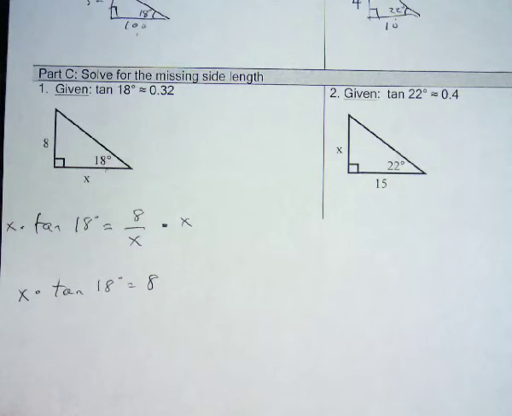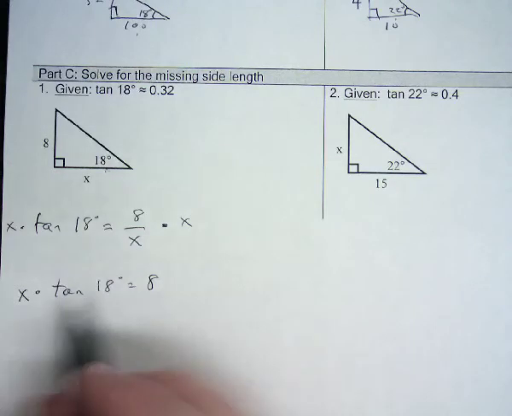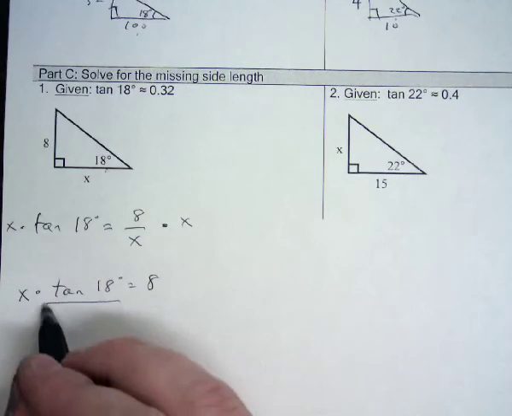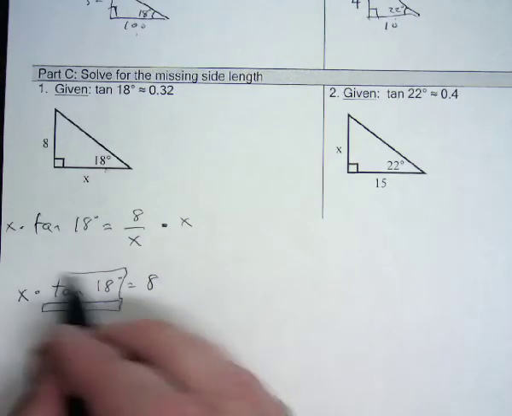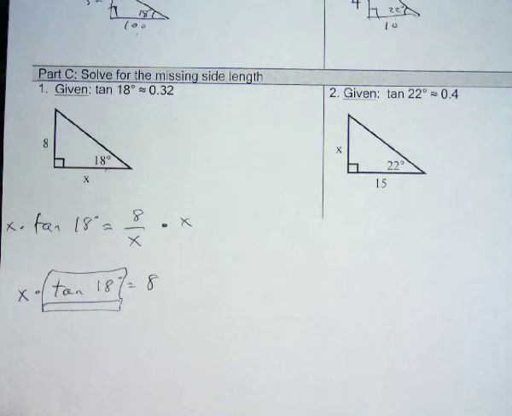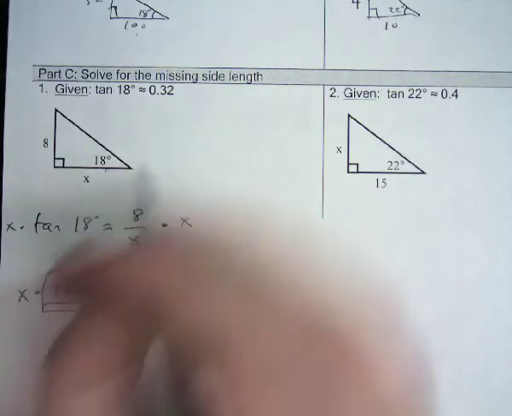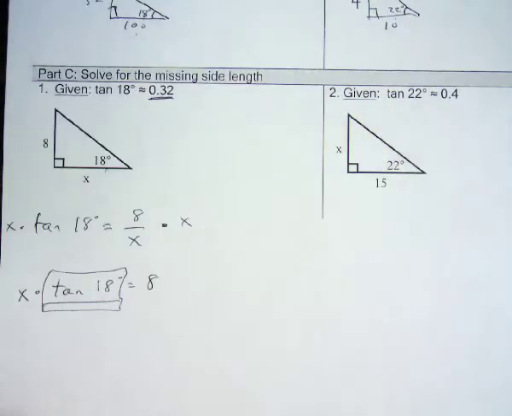And then what would I do? Well, here's one of the tricks. This is all one number right here. In fact, it tells us tangent 18 is 0.32.